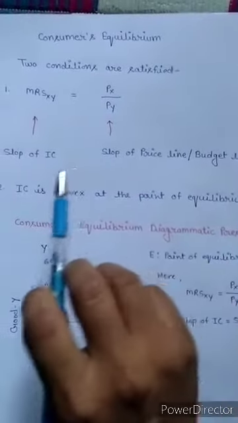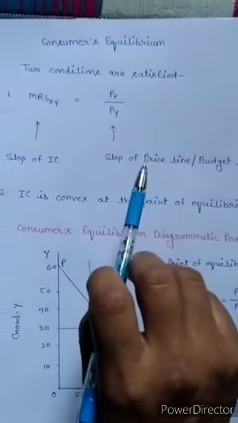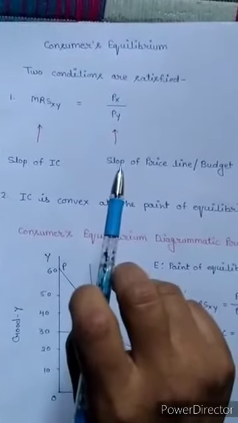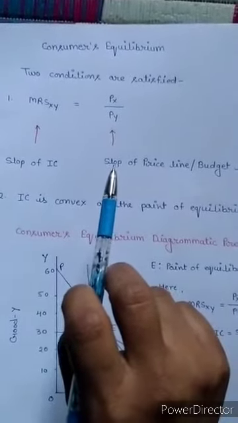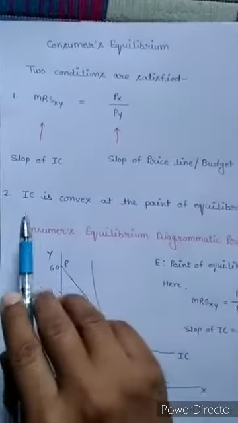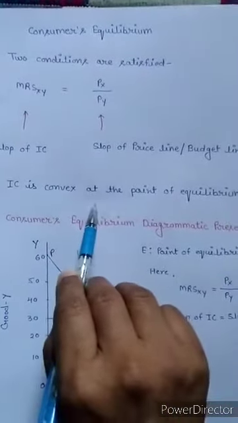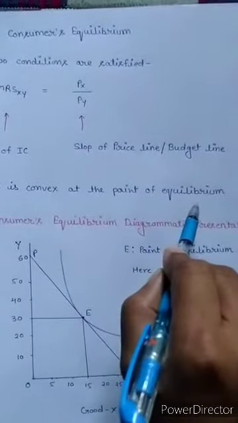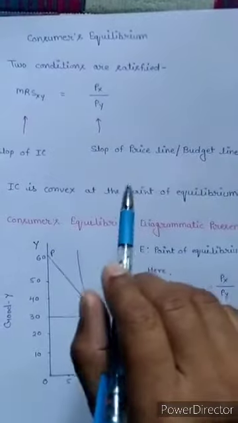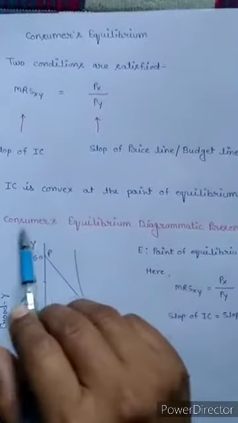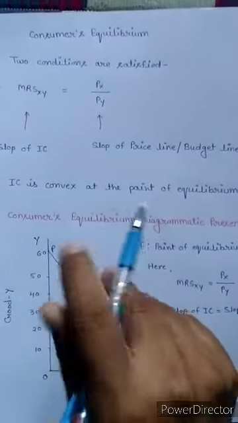This is the first condition of consumer equilibrium where the consumer gets maximum satisfaction. The second condition is that the IC is convex at the point of equilibrium.